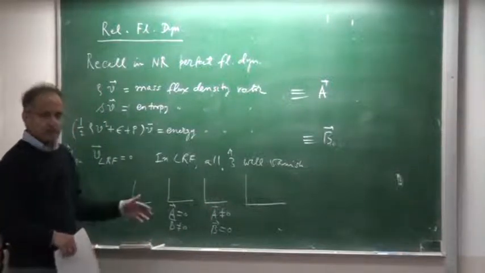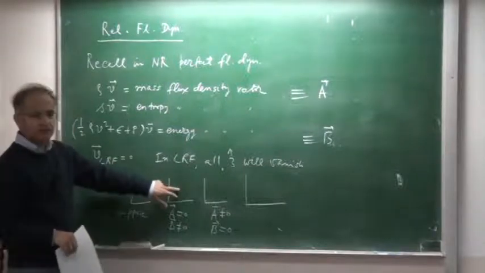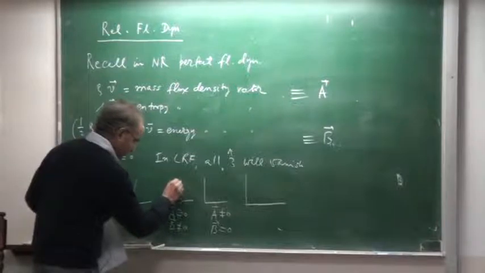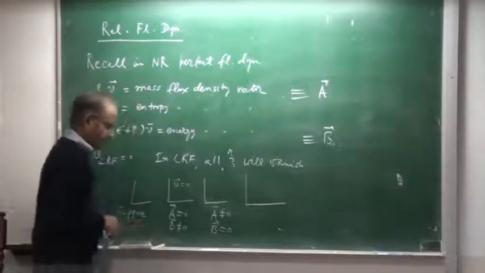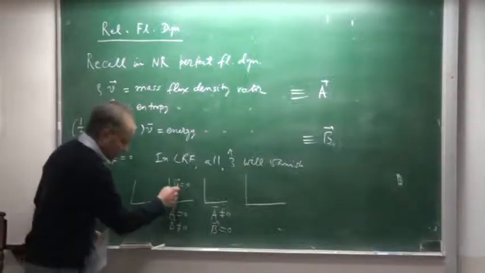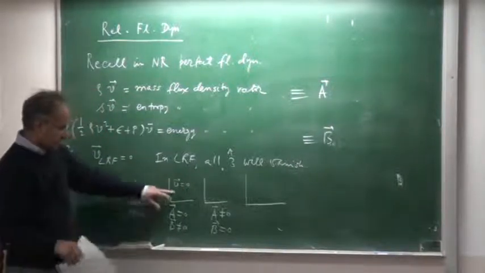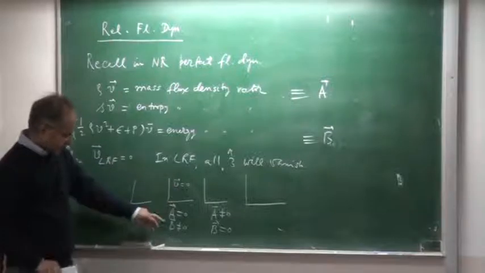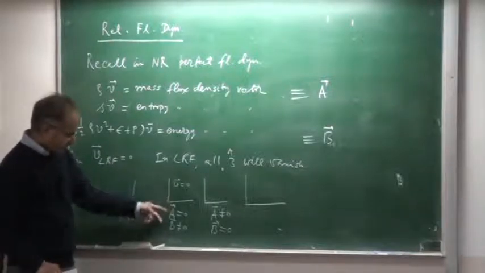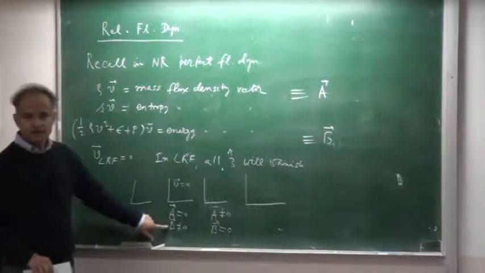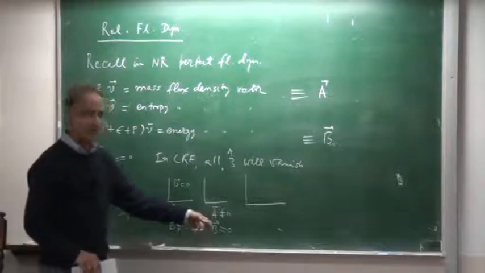Now, suppose you choose this frame and make V to be 0. That means this is our local rest frame. Suppose you choose this to be the frame in which velocity is 0, then in that frame the mass flux density will vanish, but the energy flux density vector will not vanish. And here the opposite thing is happening.